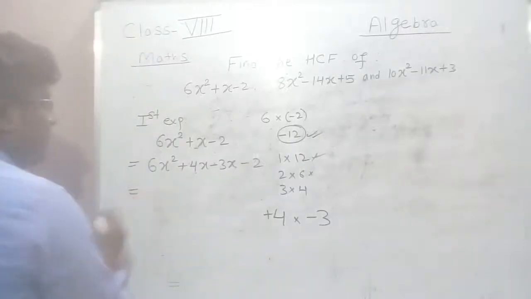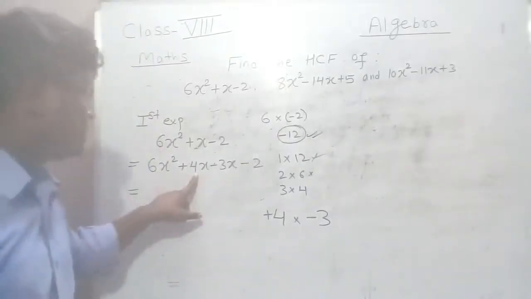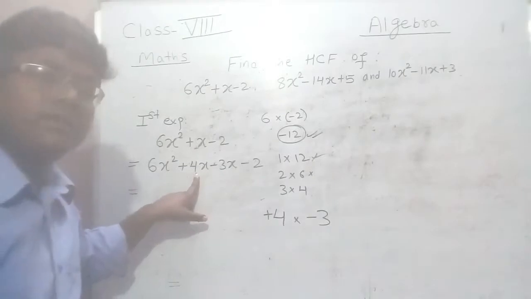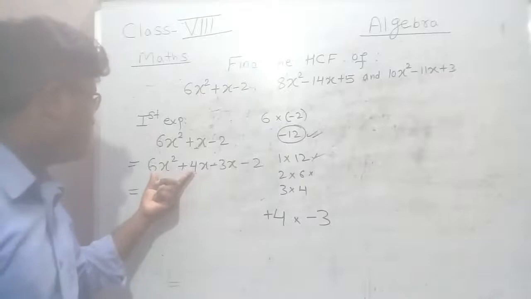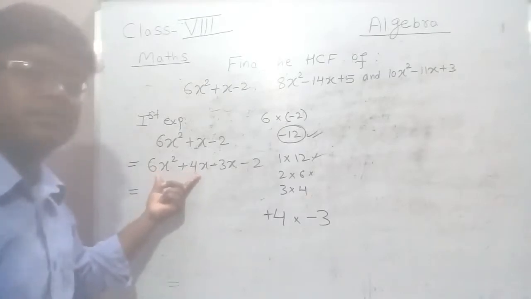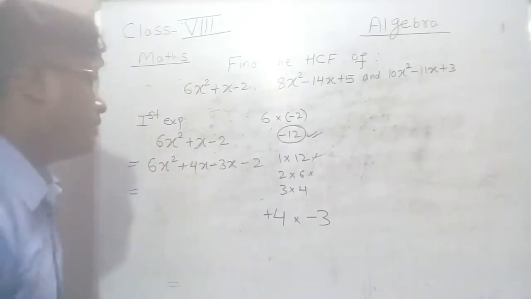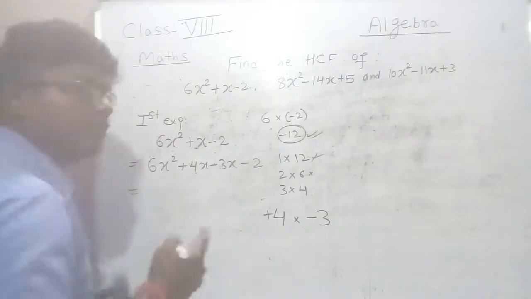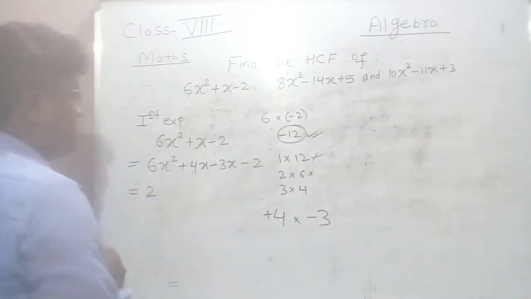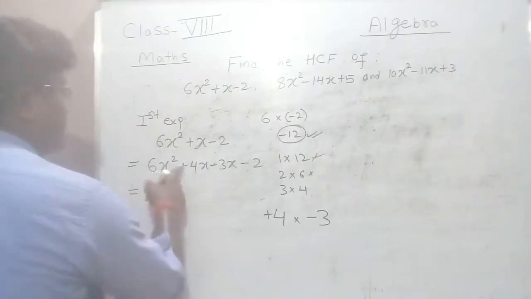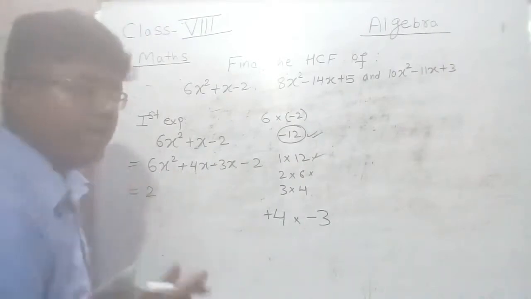Now let's find the common factor. We have 6 and 4, so what can we take common? In whose table do 6 and 4 both come? Or find the HCF of 6 and 4, which is 2. And from x square and x, we can take x common.